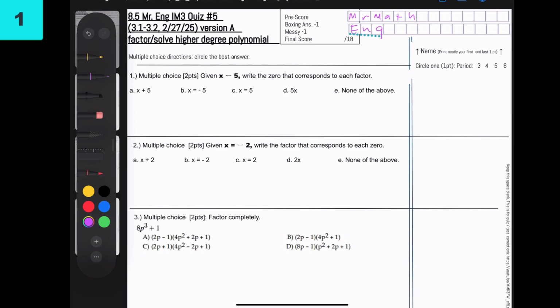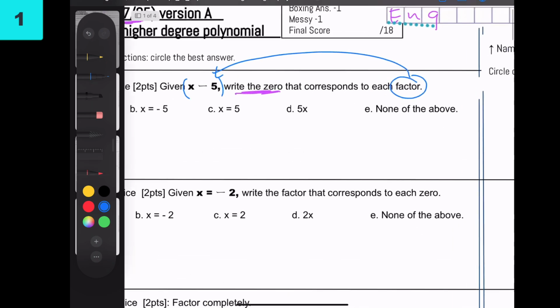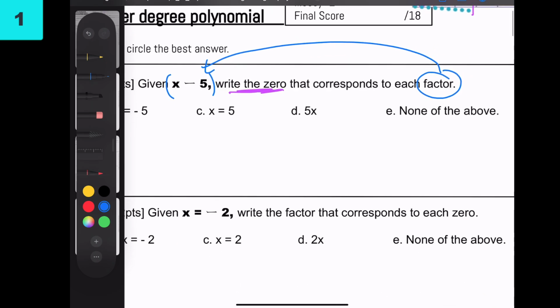Hey guys, let's go over quiz number 5, taken on February 27th, 2025. Multiple choice, write the 0 that corresponds to the factor. So this one is a factor, and you would just set it equal to 0 to make it become a 0, you get x equals 5.